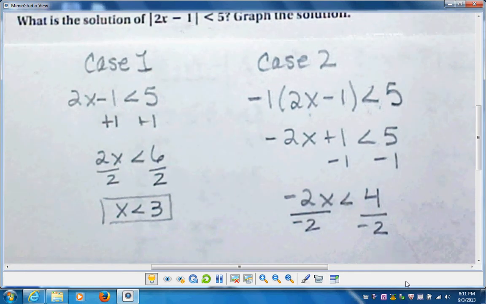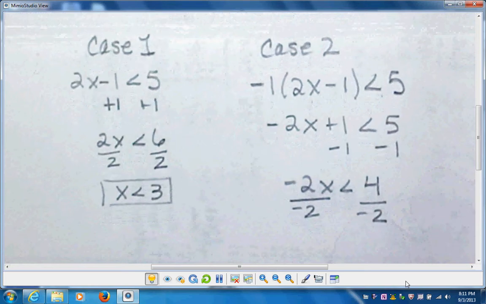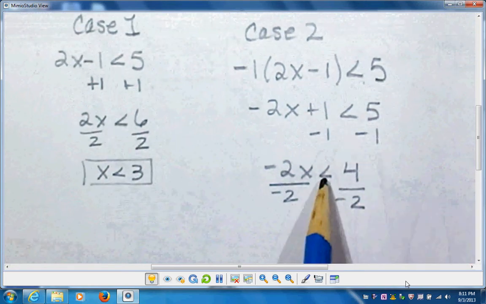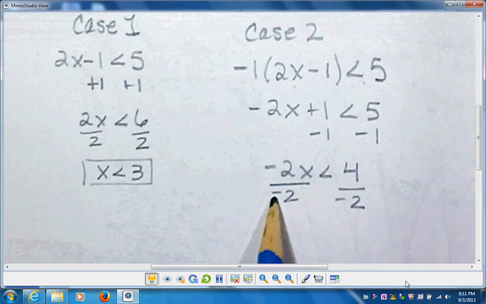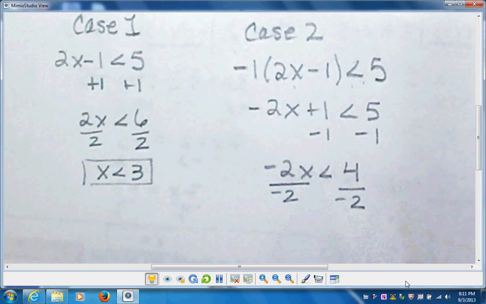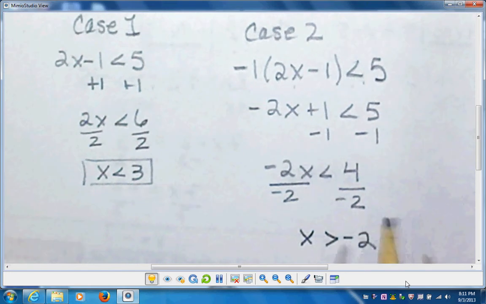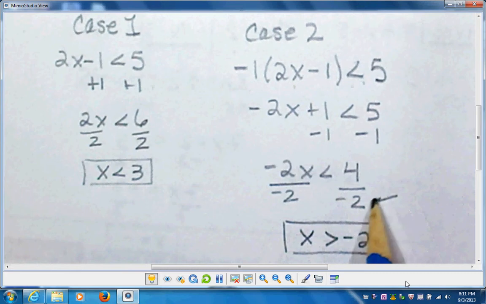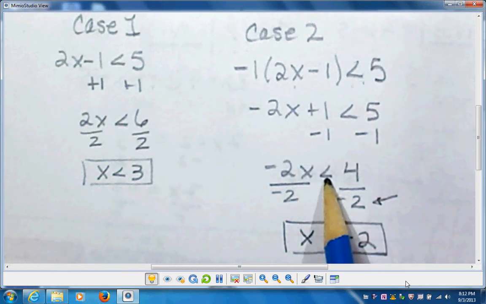Be careful here. When you divide an inequality by a negative, that inequality has to change direction. So this becomes x is greater than negative 2.